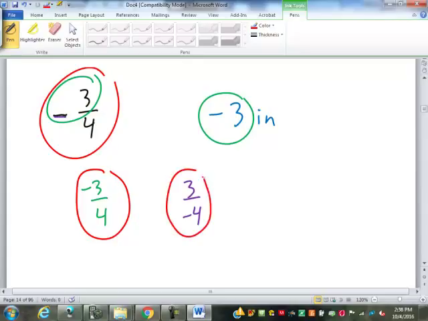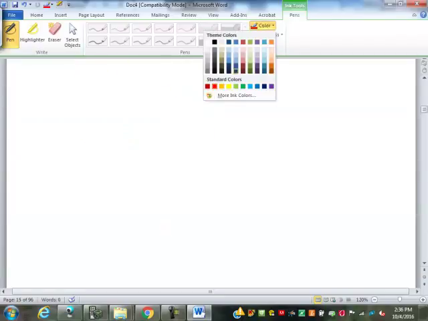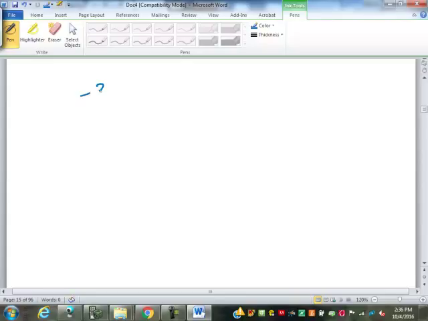Or here, if I put the negative with the denominator, what's a positive divided by a negative? A negative. So when I have a signed fraction, a negative fraction like that, I can either put the negative with the numerator, the denominator, or leave it out front. It does not matter.